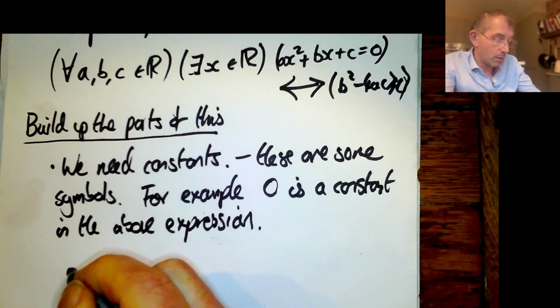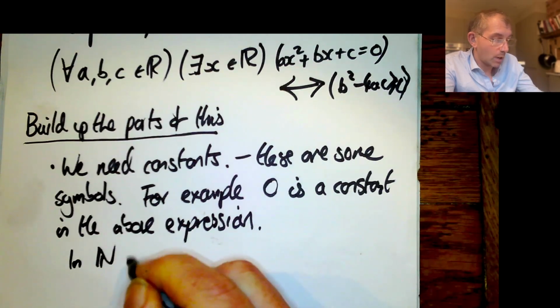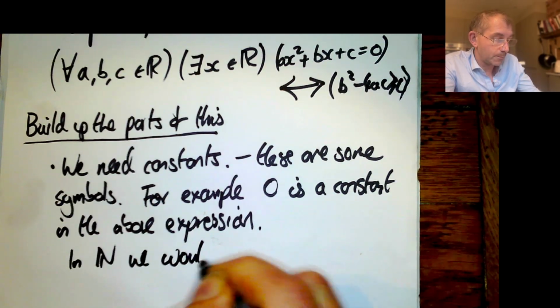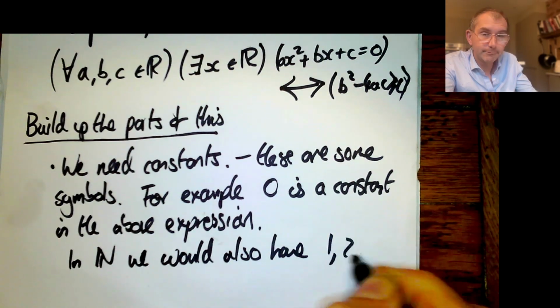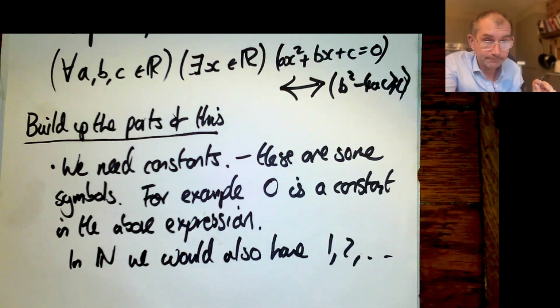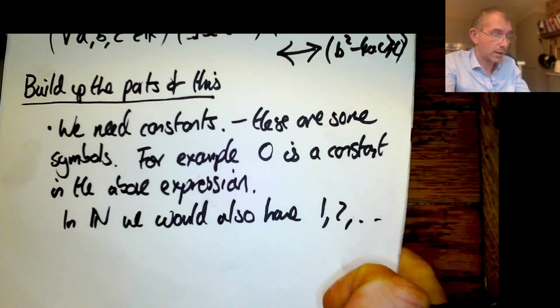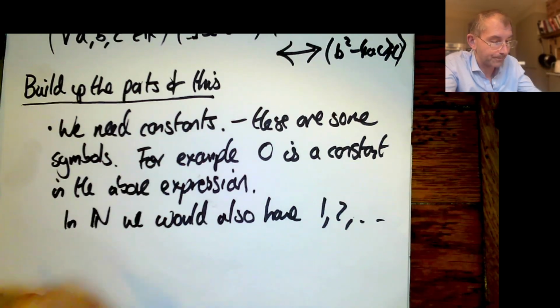So in the natural numbers, we would also have 1, 2, and so on. Again, these are just some symbols so far, and this does not say anything about how they interact with each other. Just starting off with some symbols.